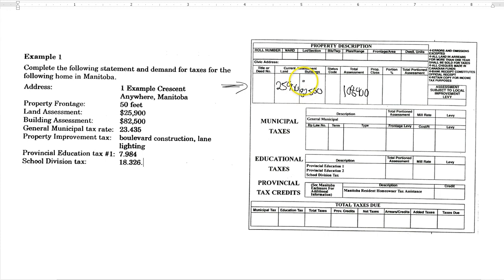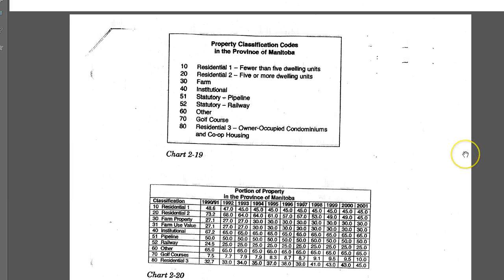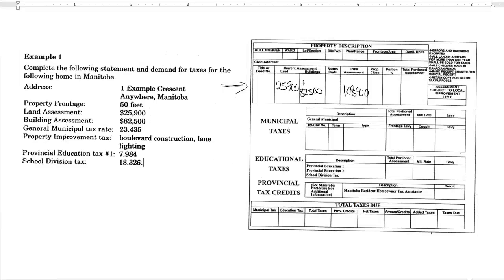Simply add. So I'll put a little plus sign here. Our property classification, well, this is a single dwelling, so if we go to our charts, our single dwelling has a property classification of 10 and a portion percentage of 45%. Let's fill that out.